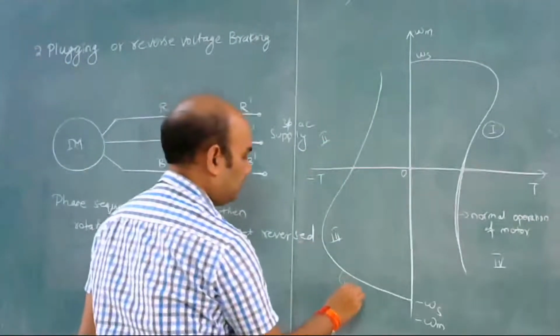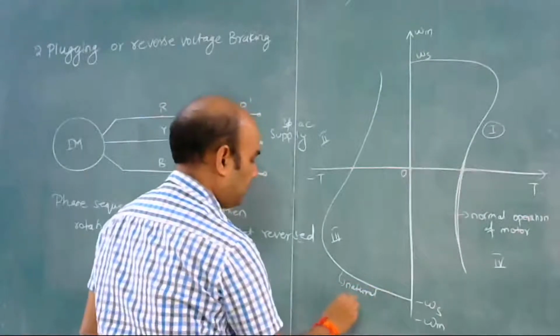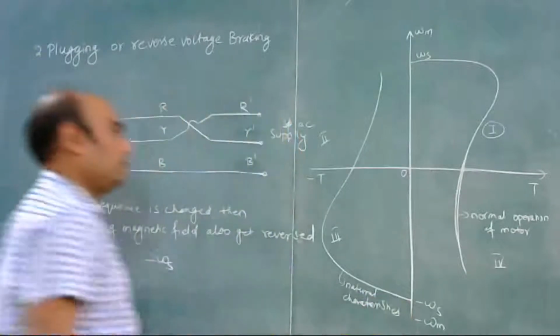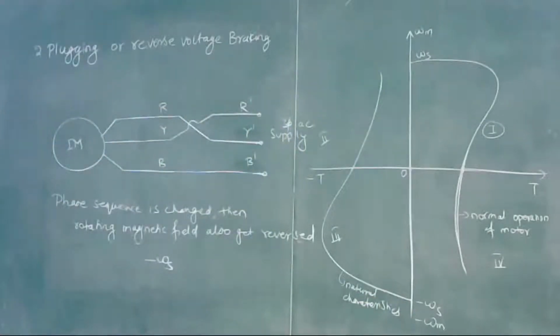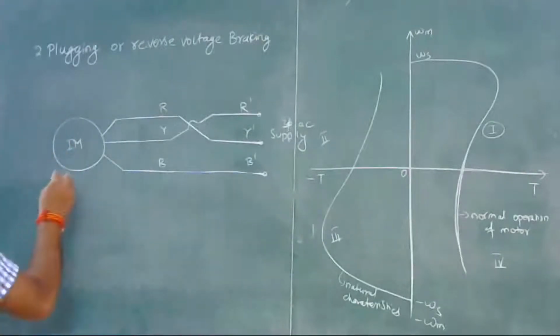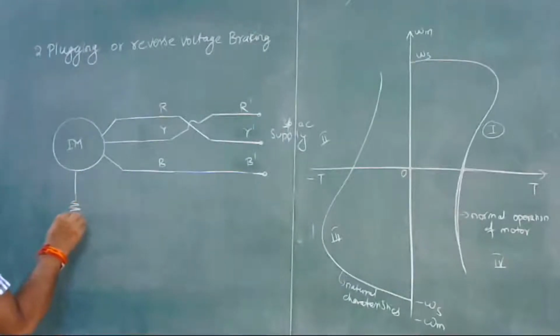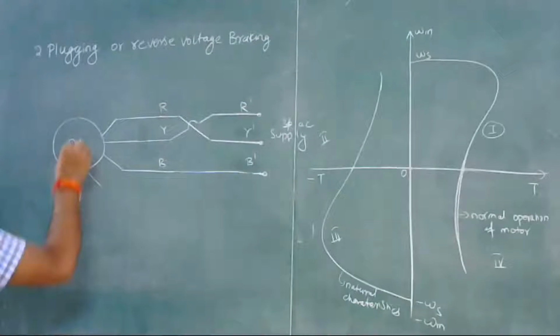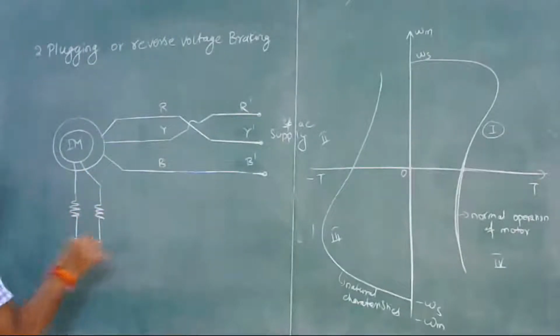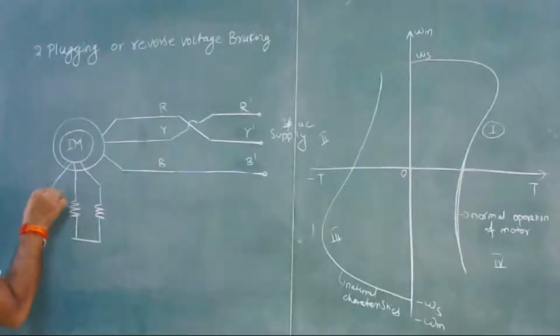This is the natural characteristics. If we add some resistance on the rotor side, this type of braking, that is plugging, is normally applied in the case of a slip ring induction motor. This is the rotor, so we insert this resistance using slip rings.